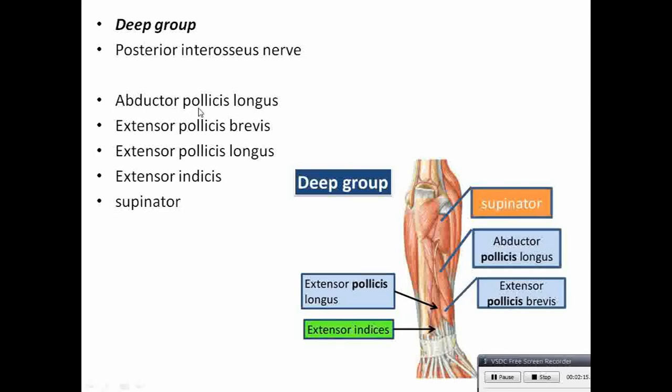The muscles here are abductor pollicis longus, extensor pollicis brevis, extensor pollicis longus, extensor indicis, and the deep one again, that is supinator. So these muscles are located in the deep aspect of the extensor compartment of the forearm.